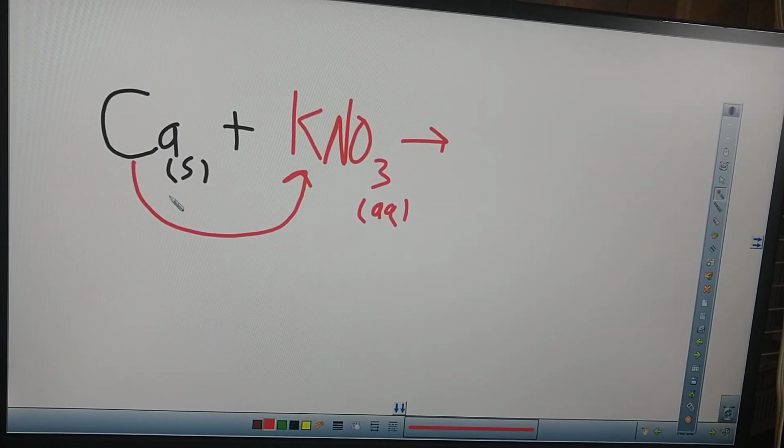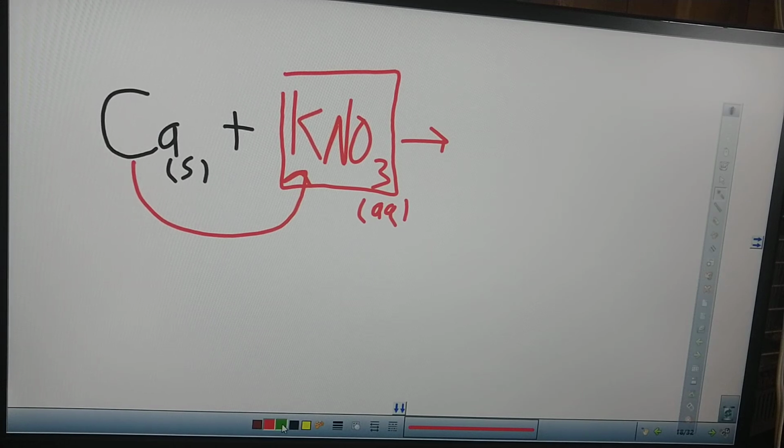So if calcium was around potassium nitrate, this would not break up because the nitrate is already more attracted to the potassium than it would be to the calcium. So if you saw an equation like this, just write NR.